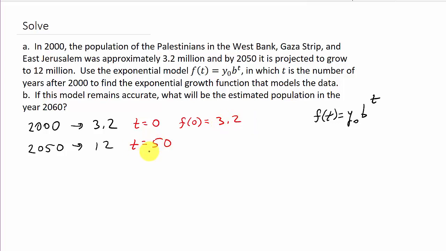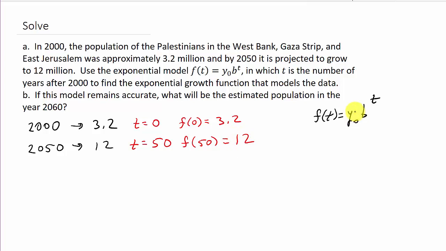And if we plug 50 in for t, we should get 12 as an answer. I know it's million, but we're going to leave it as 3.2 and 12. We just know this is in millions.